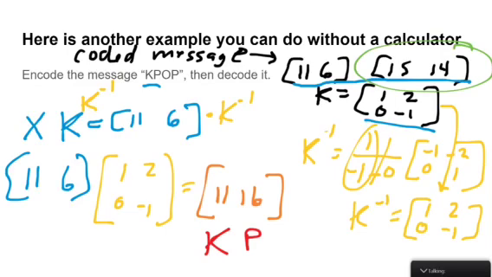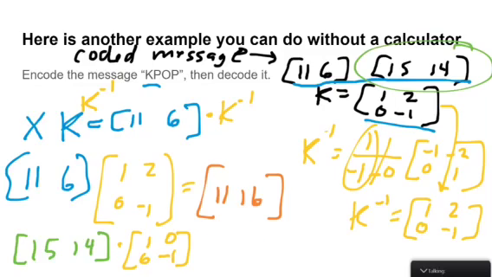So that's the coded message. And then we would have to decode it by multiplying by the key matrix, which was again 1, 2, 0, negative 1. I'll erase this for now. And when we multiply, we get 15 plus 0.